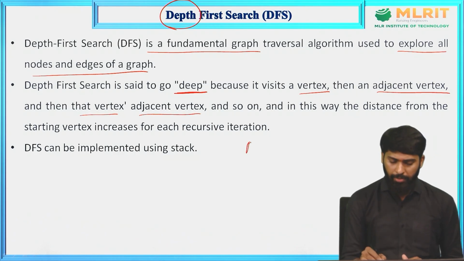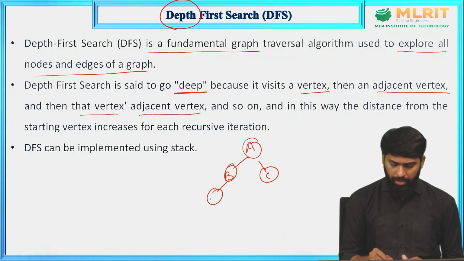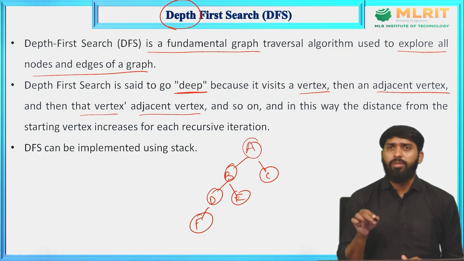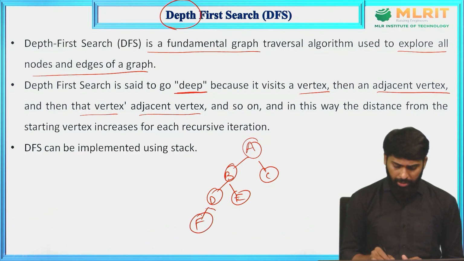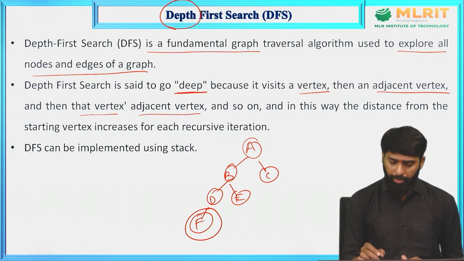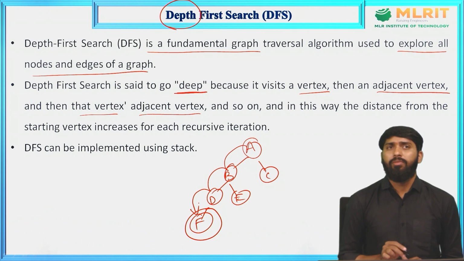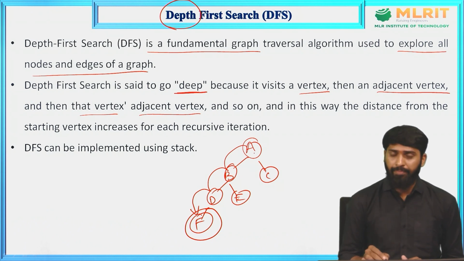For example, this is the graph A, B, C, D, E, F. Now, what is the depth here? The deepest node is F here. If you start from A, you move to the last node, deep. So here A to B, B to D, D to F.